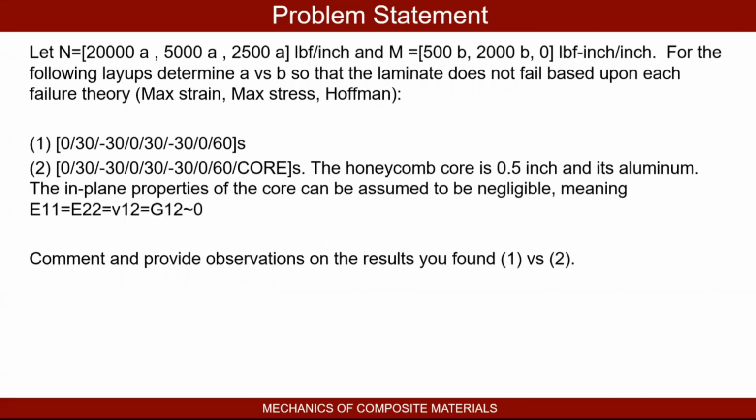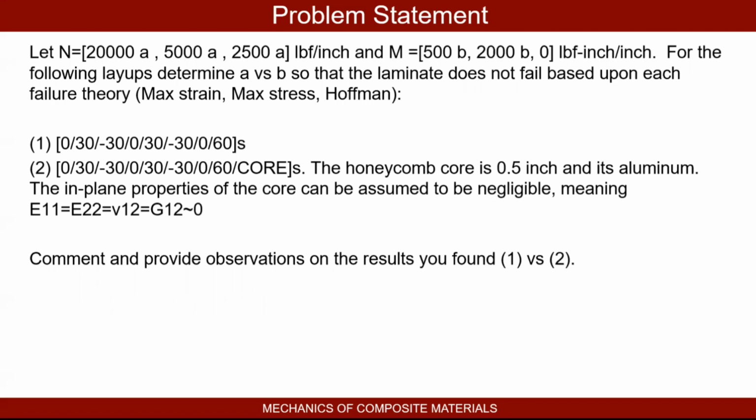For this application, we are given an N tensor with different load values, and the A variable will give us an opportunity to vary those loads, which will be the stress resultant.